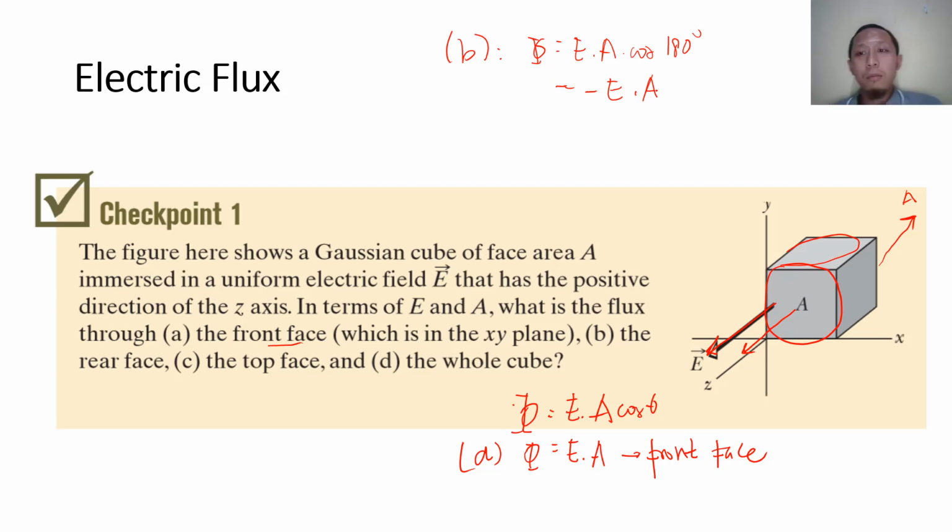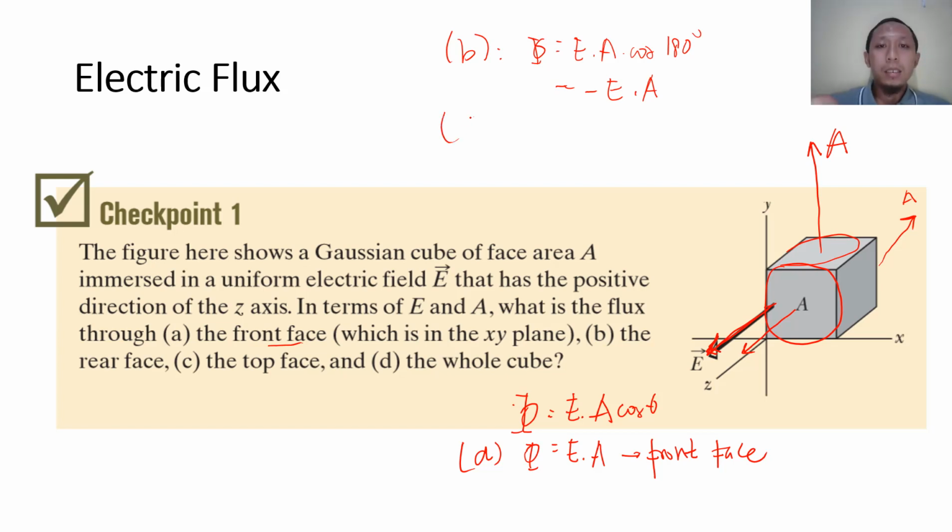And what is the top face? Top face, like this one. So in the top face, this is the A and this is the E. Right? So the angle between E and A is 90 degrees.